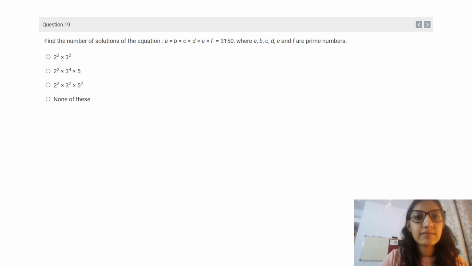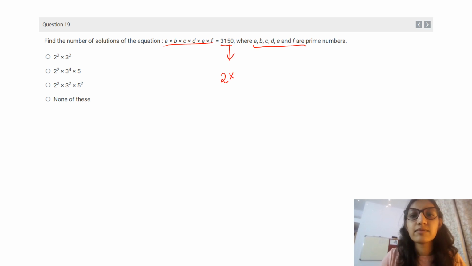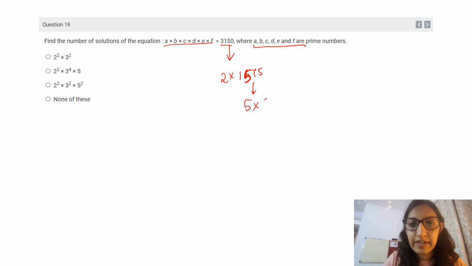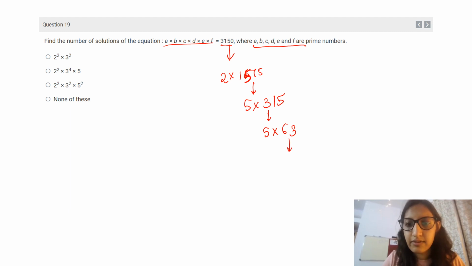Okay, for this question we need to find the number of solutions, where a, b, c, d, e and f are prime numbers. So 3150, let's see how it can be broken down. 2 into 1575, and this let me divide by 5, so you'll have 315 into 5, and 63 is 3 into 7 into 3.